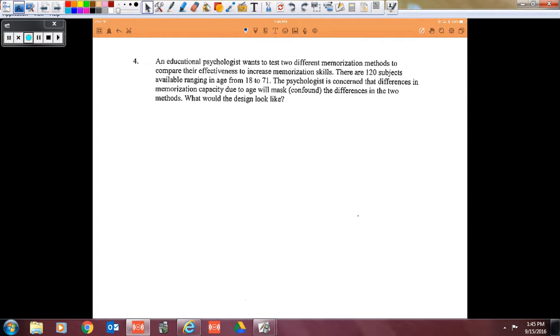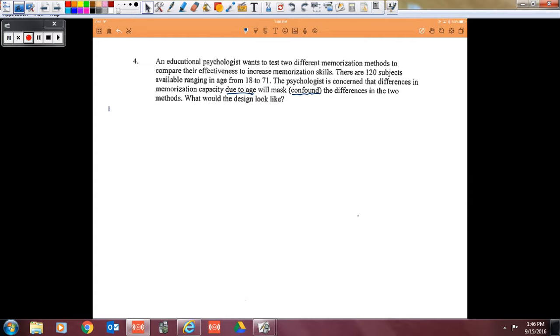There are 120 subjects available ranging in age from 18 to 71. The psychologist is concerned that differences in memorization capacity due to age will mask or confound the difference in the 2 methods. So what will the design look like?